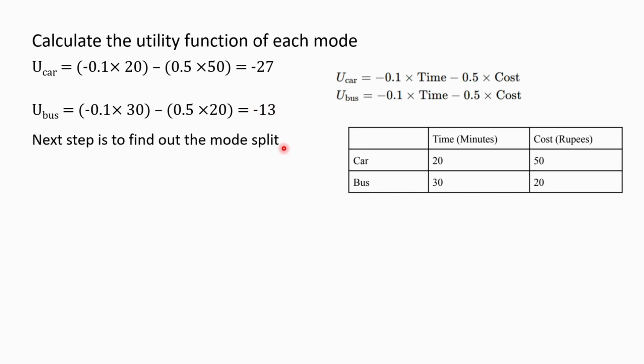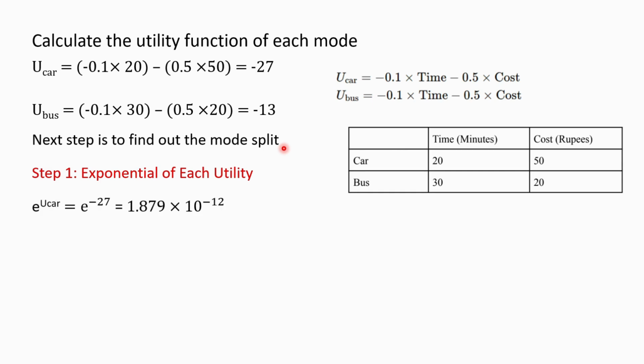The next step is to find the mode split. In order to do that, you have to find the exponential of each utility, e raised to U car or e raised to U bus. Take your calculator, and shift ln will give you e raised to the value.